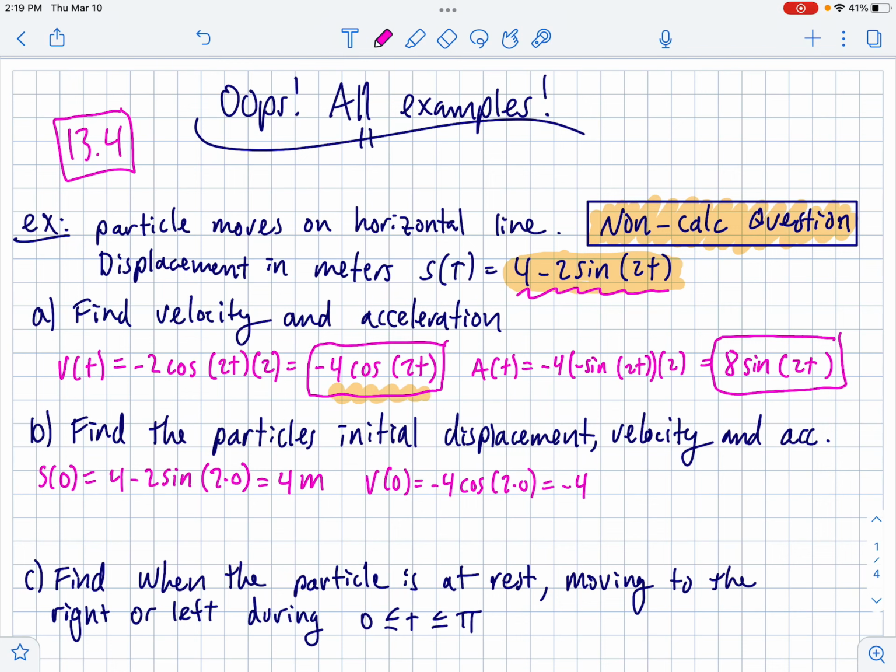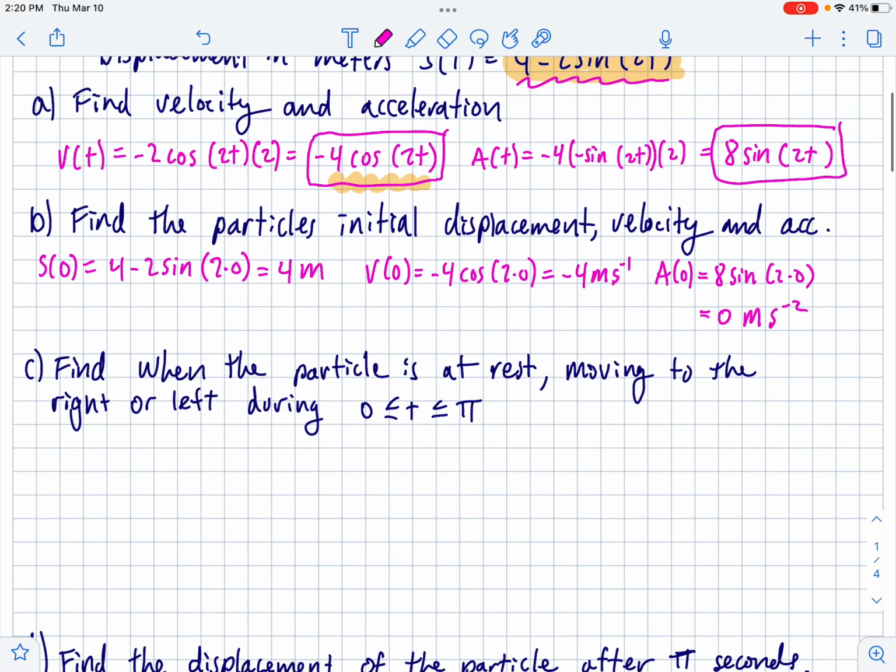Now the cosine of 0 is just 1, so this is -4 meters per second. So does that mean it was moving to the left at first? I think it does. Acceleration would be 8 sine 2 times 0. So that whole thing is just 0.